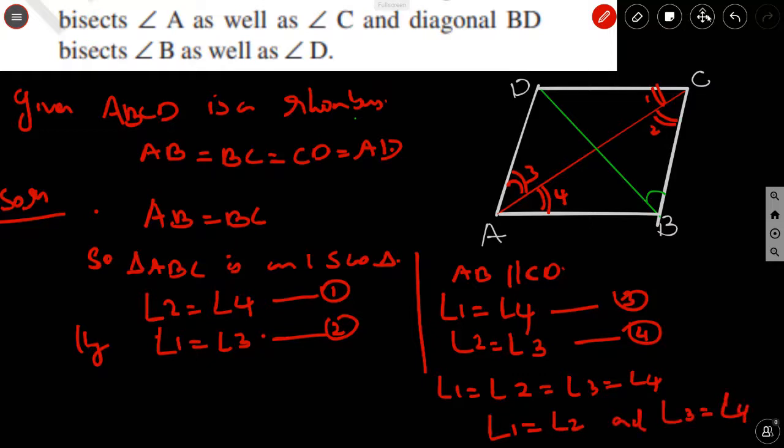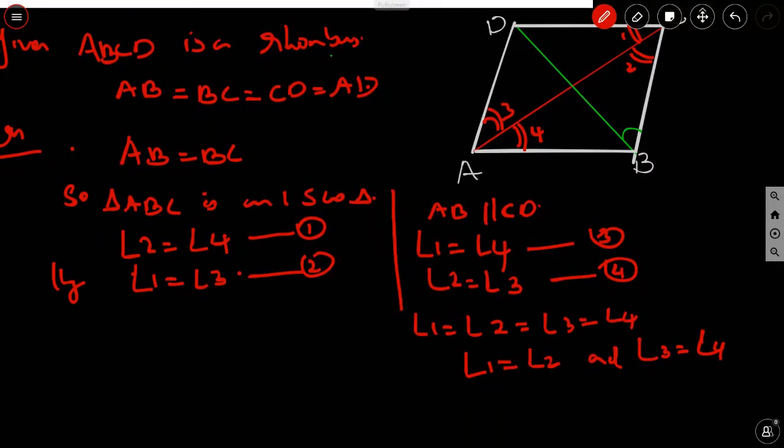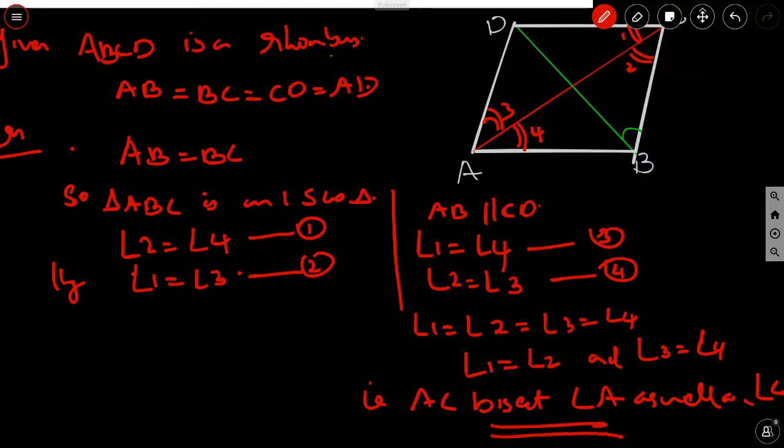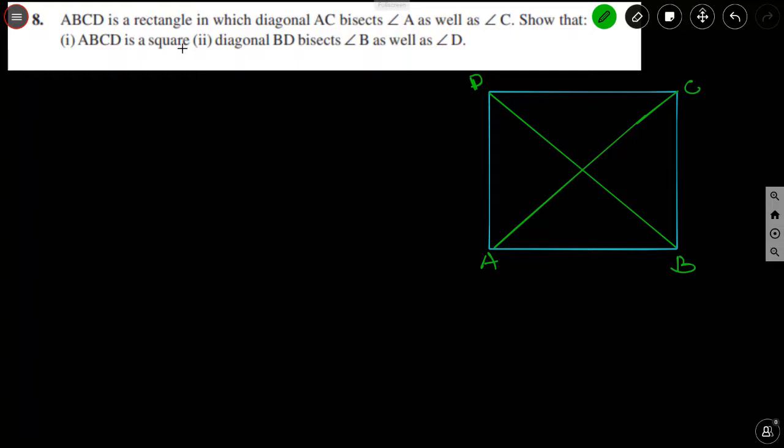That means AC bisects angle A as well as angle C. So similarly you can prove BD bisects angle B as well as angle D. Hence the proof.